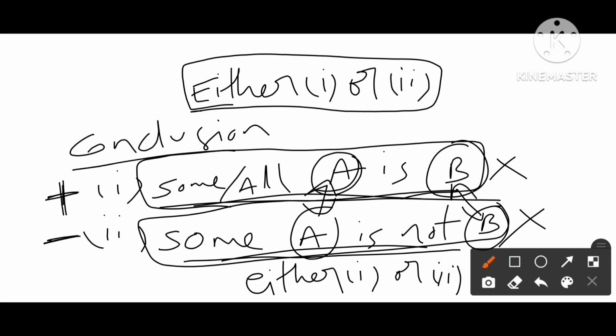Okay. So according to our either or concept, what will be the either or we see? If you have a conclusion of some A is B, it is a positive statement and it fails by verifying in our statement Venn diagram.